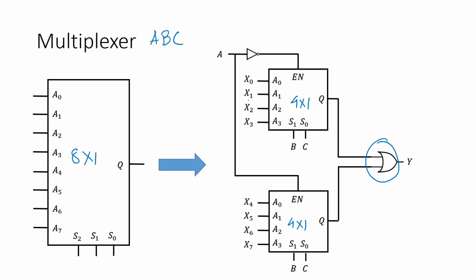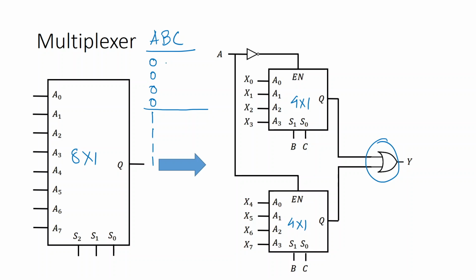The data is X0, X1, X2, X3, X4, X5, X6, X7. So ABC, there are these 4 options when you have A as 0, and there are these 4 options when you have A as 1. And BC is repeating itself.